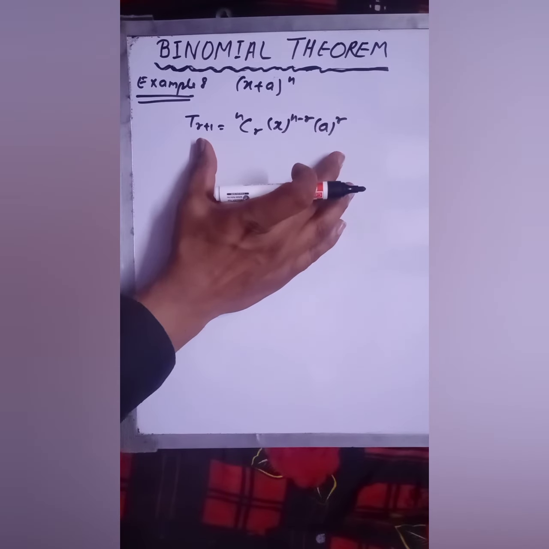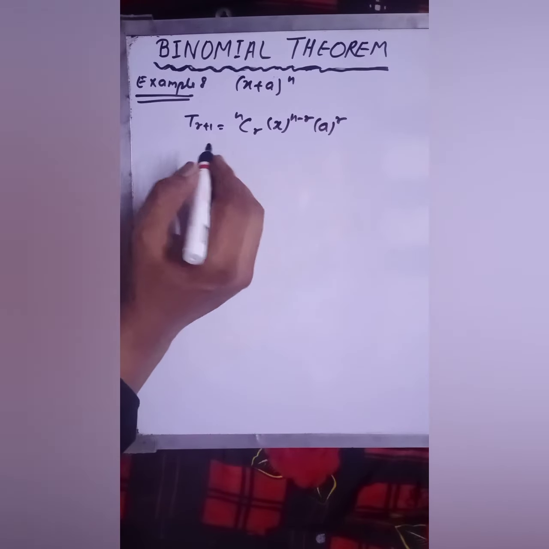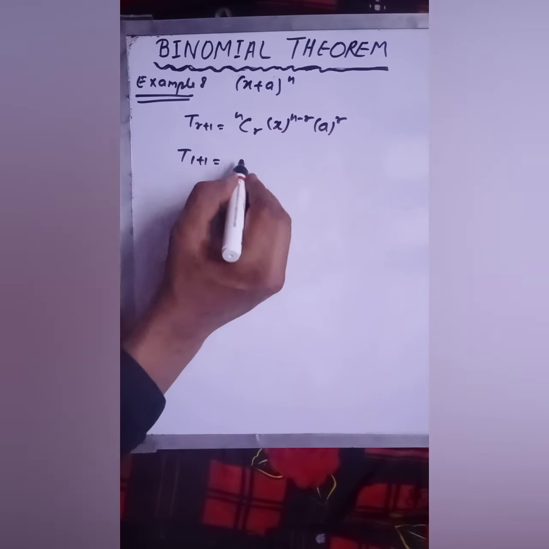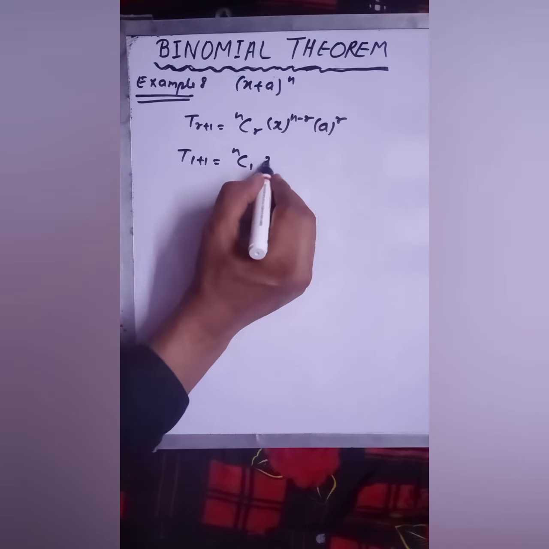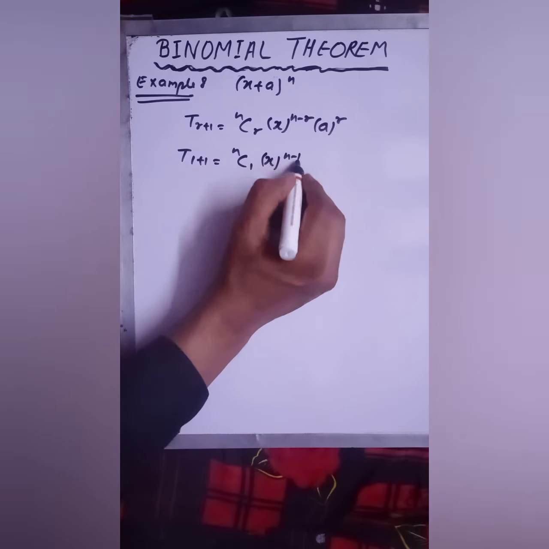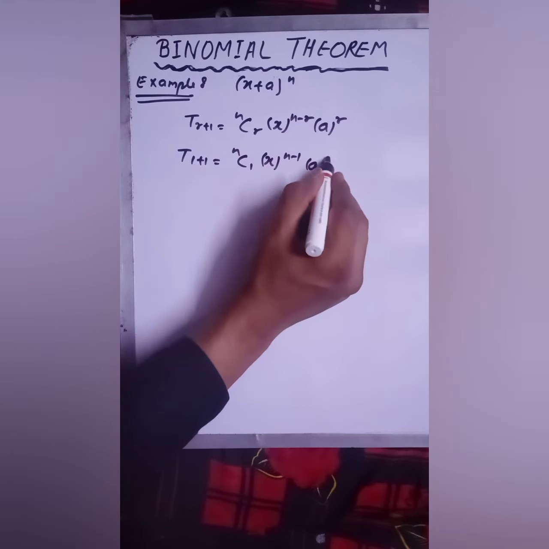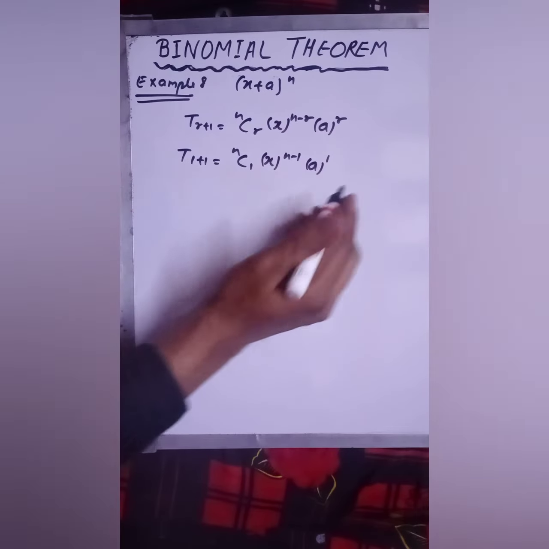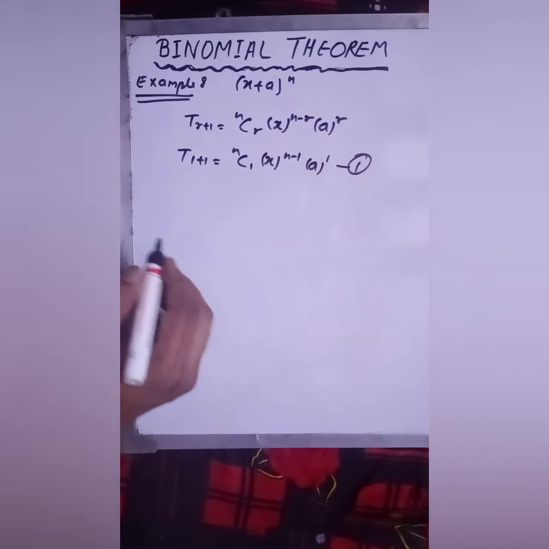So this is a general term. Okay, so we have to find out the second term. Second term means your r would be 1, C(n,1) x^(n minus 1) a raised to power 1. This will come. This is your second term. This is equation number 1.